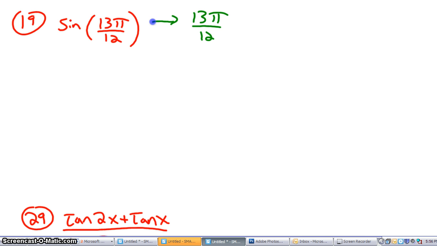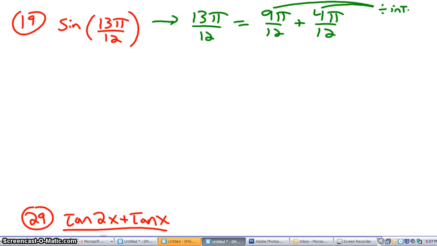And what jumps out to me at this point in time is to break down this as an equivalent fraction, and the equivalent fractions of 9 pi over 12 plus 4 pi over 12. So what I'm looking for is the 9 and the 12 to divide into our 12, or our denominator, which gives me reducibility, and in this case I have a 3 pi over 4 plus a pi over 3.